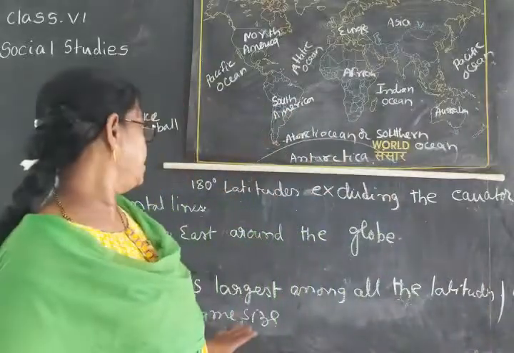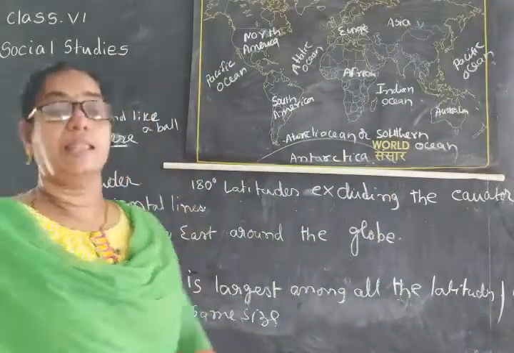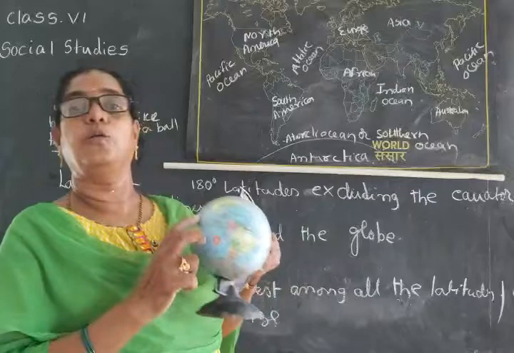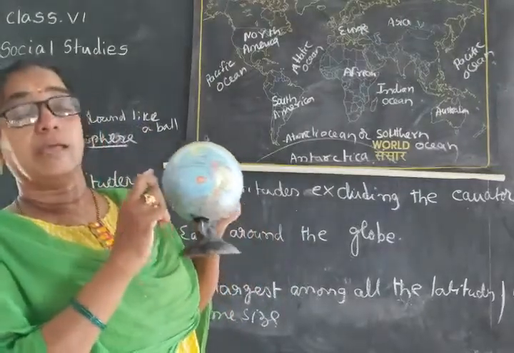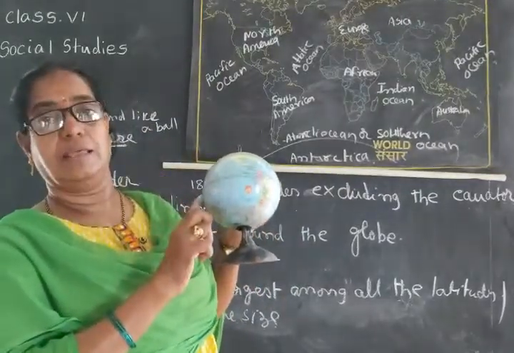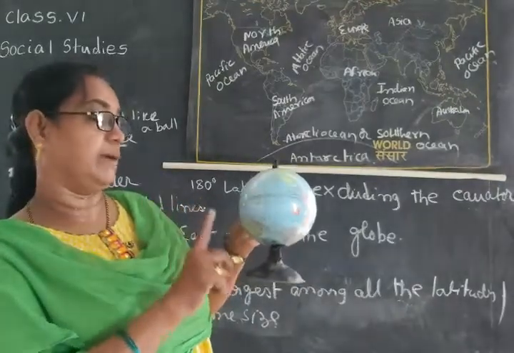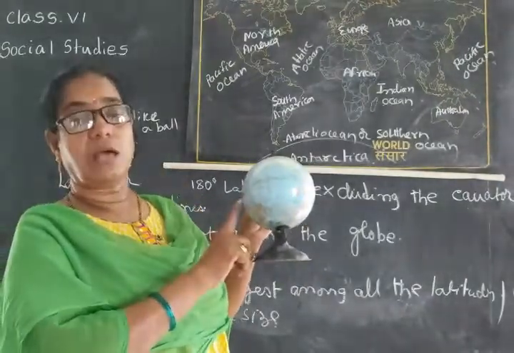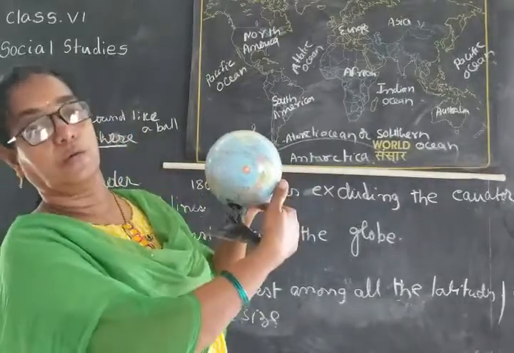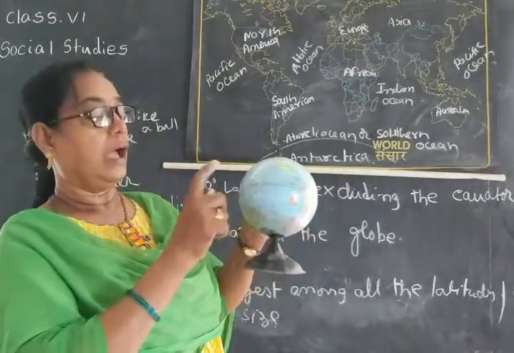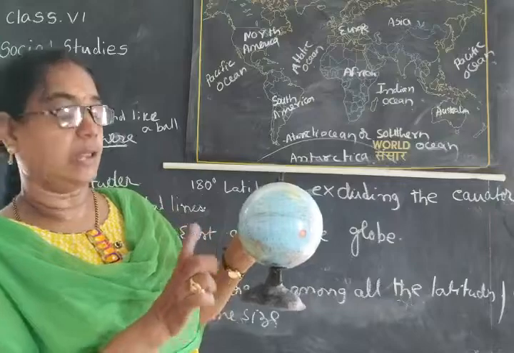Again I am repeating the same thing. The lines drawn horizontally on the globe are called latitudes.